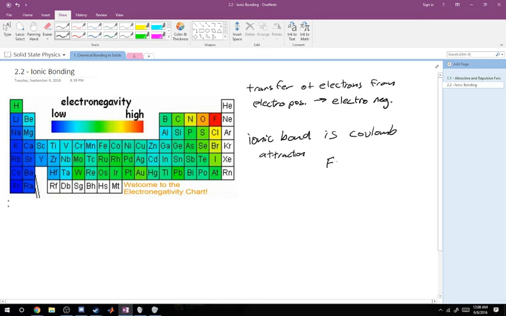I will rewrite it right here really quick. The force is equal to 1 over 4 pi epsilon naught times Q1 Q2 over R squared. That is messy, but it works.